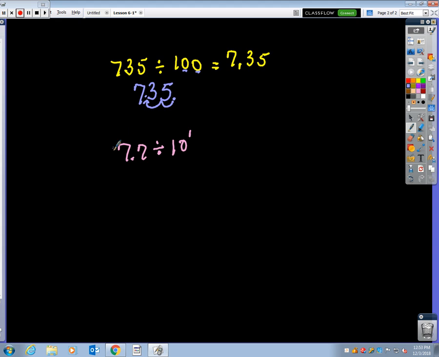I take my dividend and I just recopy it right below, 7.7, and I know I'm moving my decimal one place because that's what my power tells me, and because we're dividing by a positive power of 10, we are going to move this decimal one place to the left. And so my answer is 0 and 77 hundredths. I can also write this just 77 hundredths as well, too. You don't need to have that 0 there. Sometimes you want to have it on your homework, sometimes you will not.